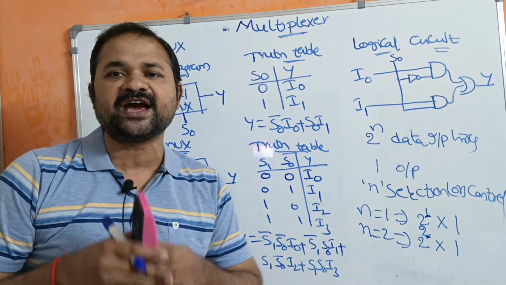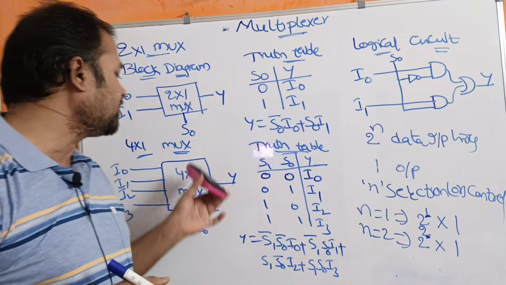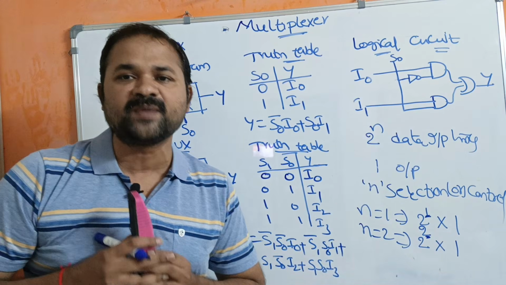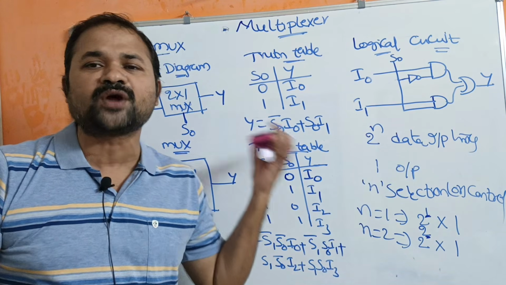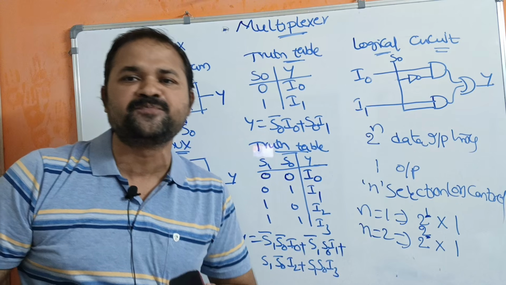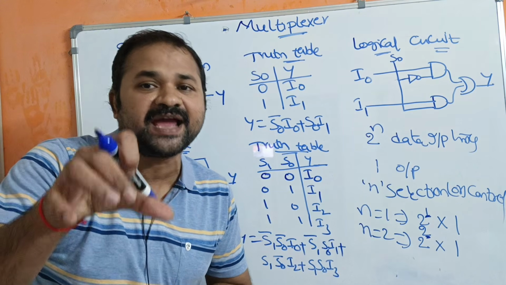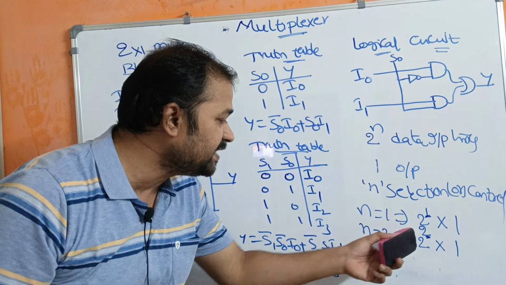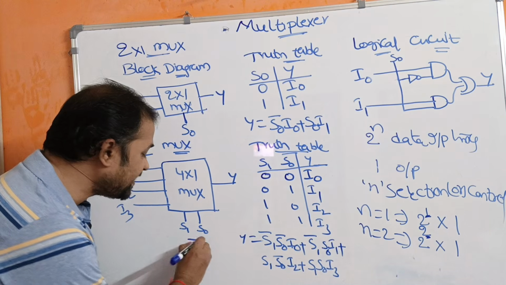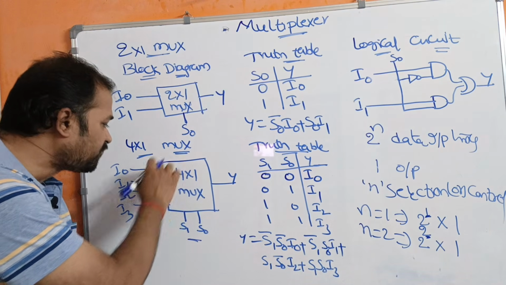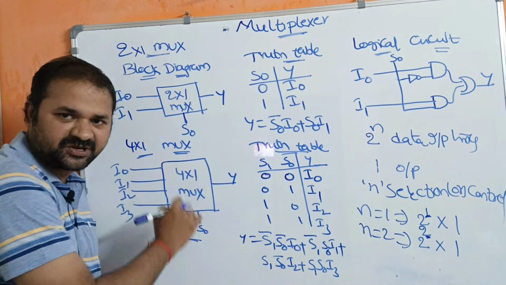In this video we are mainly focusing on the 2 by 1 multiplexer as well as the 4 by 1 multiplexer. Out of all the available inputs, which input line will be selected? That will be decided based upon the selection input. If you take the 4 by 1 multiplexer, let us observe this diagram.